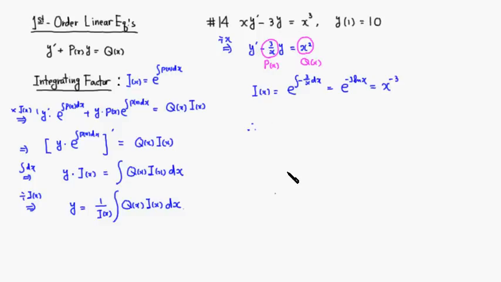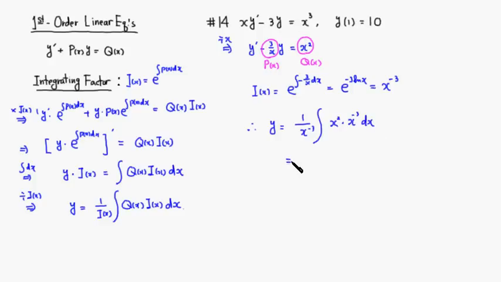So the solution is y equal to 1 over the integrating factor, x to the negative 3, times the integral of q, which is x squared, times x to the negative 3 power dx.